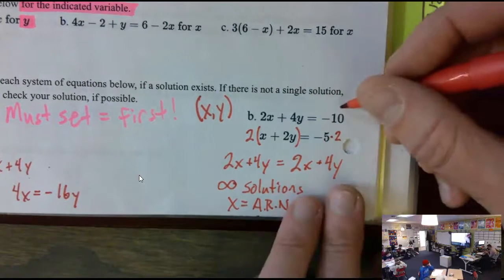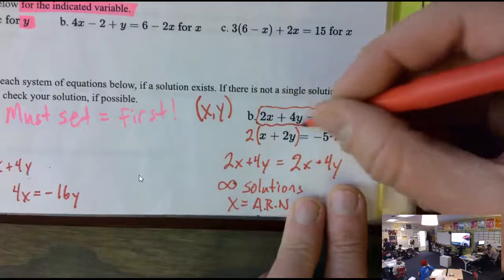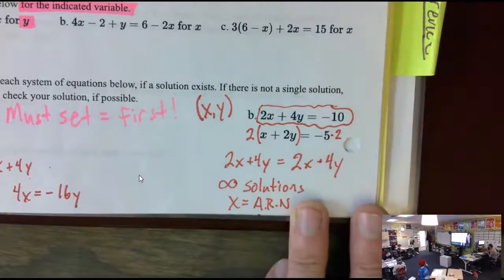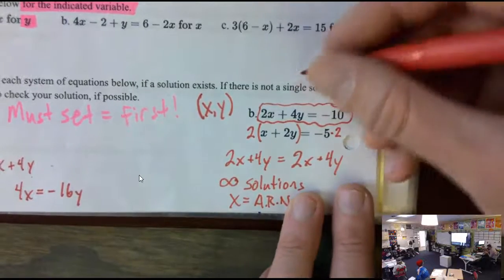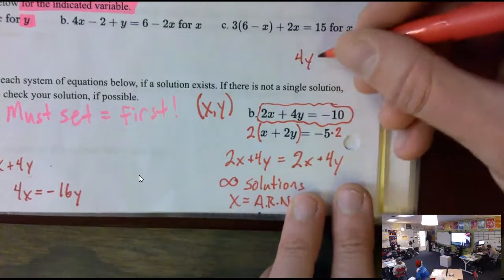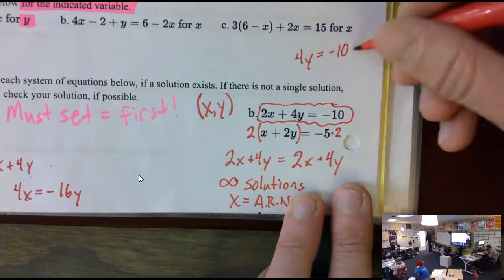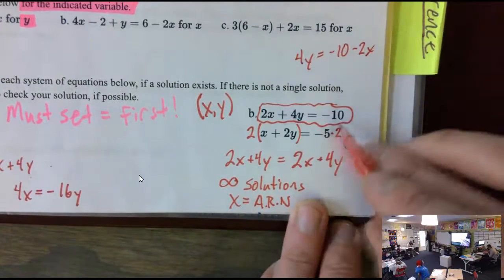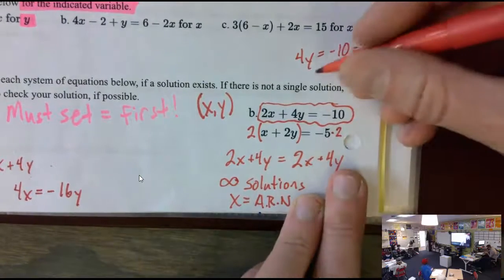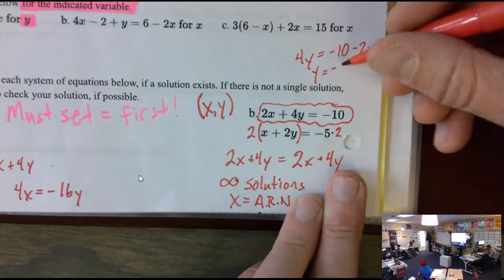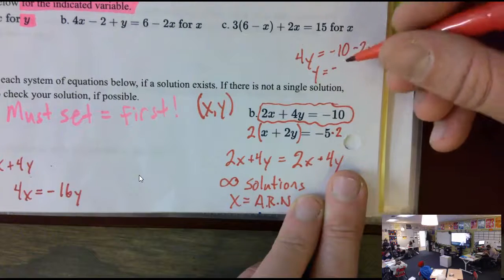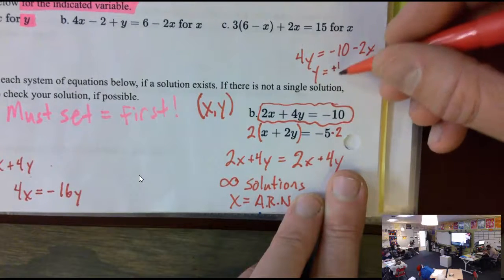I can come back up here. Now this is when having the y equals form is better. So if I subtract 2x from both sides, and then if I divide by 4, I get, actually it'd be a positive half x.